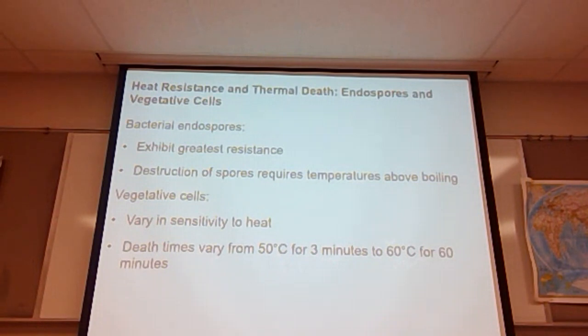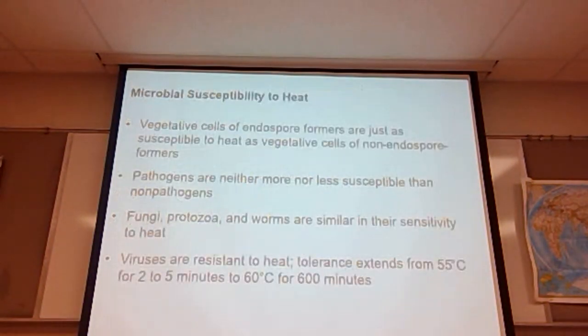When my mother boiled, so that's 100 degrees Celsius, as I recall, she brought them up to temperature and held them there for 10 or 15 minutes in the pressure cooker. That killed all the vegetative cells, but it left the endospores behind. And again, as long as the sealing of the jars was sufficient, those endospores could not grow.